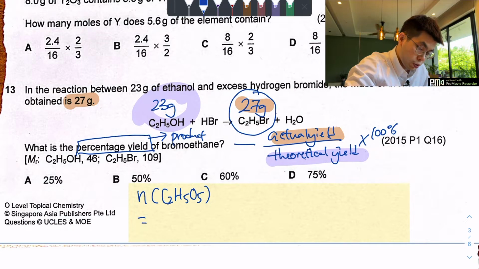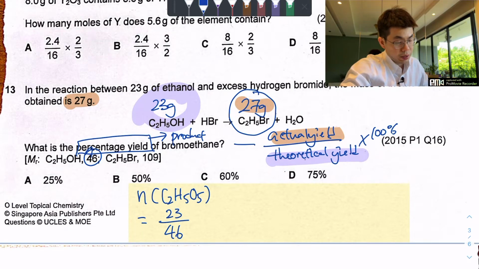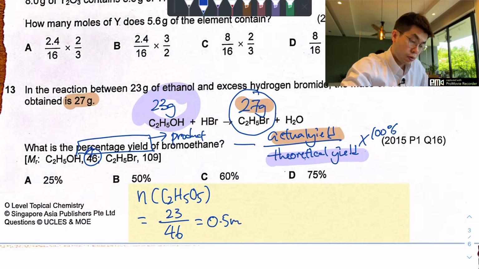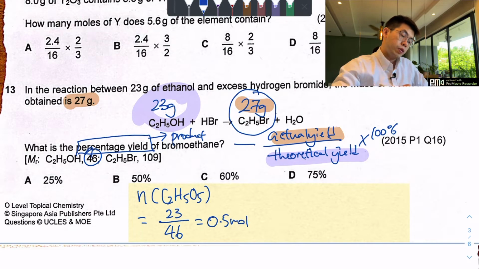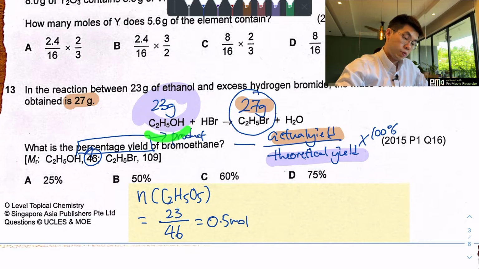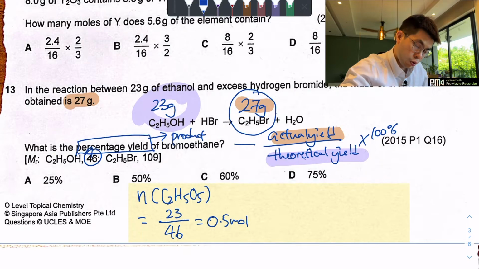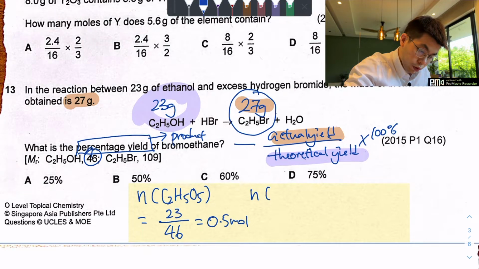That equals the mass, 23, divided by the MR, 46, which is 0.5 moles. After that, I need to use the mole ratio, which is 1 to 1. So the number of moles of C2H5Br is also 0.5 moles.